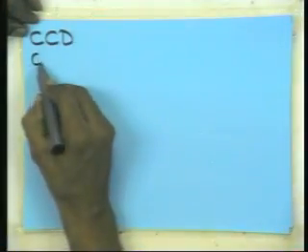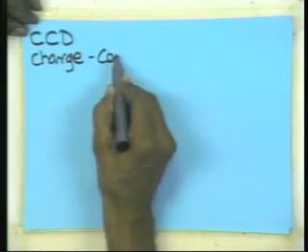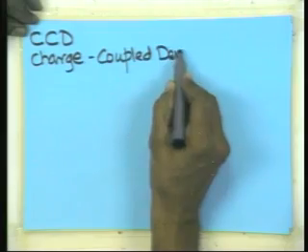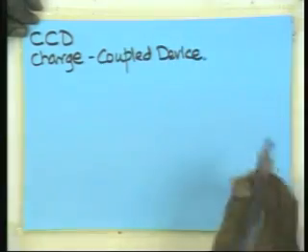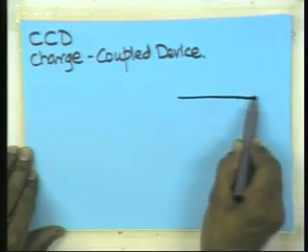Now let us look at another technology that is used for image acquisition. In fact, that is what is more used, which is called CCD, charge coupled device. The basic structure is that it is a solid state device.